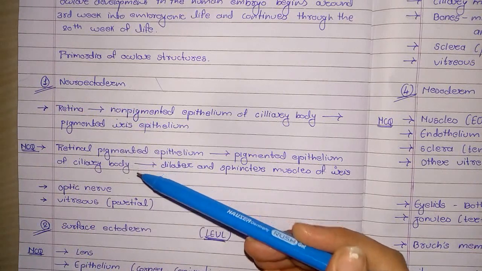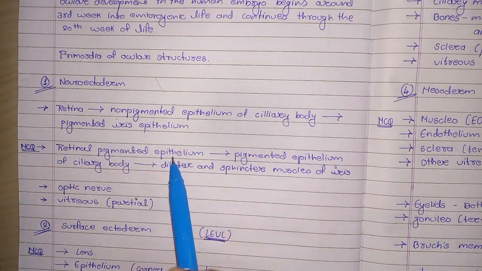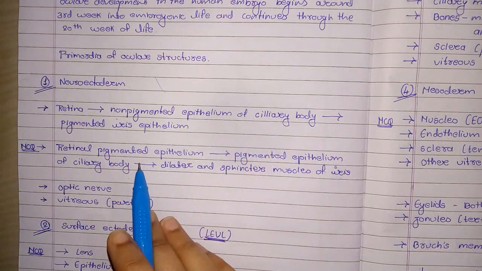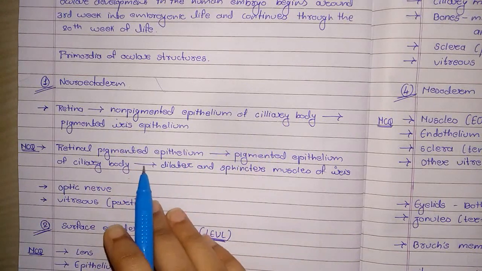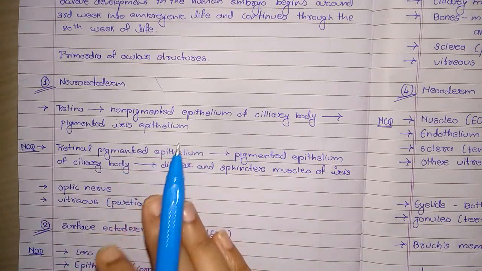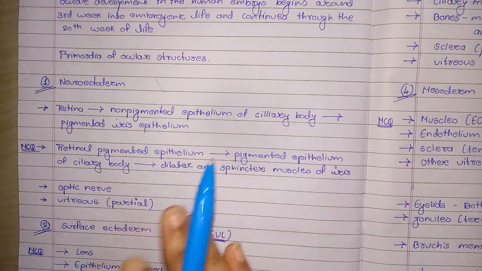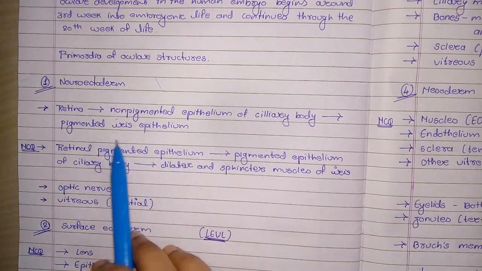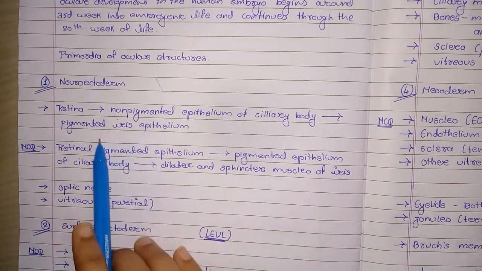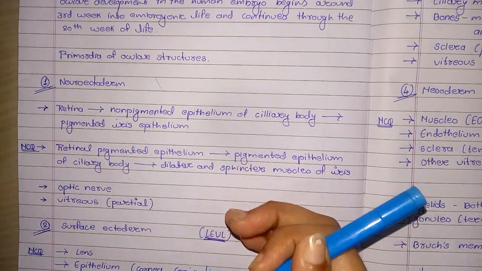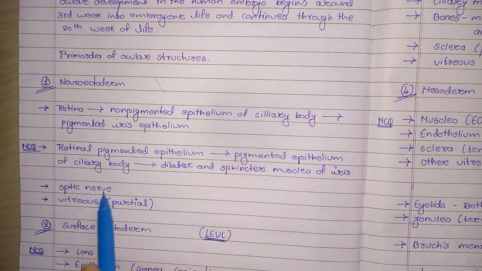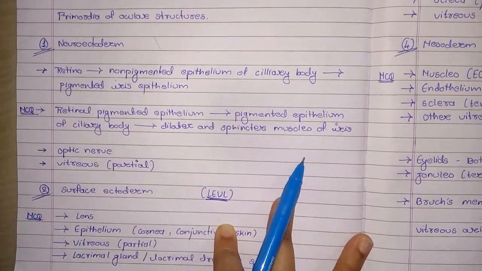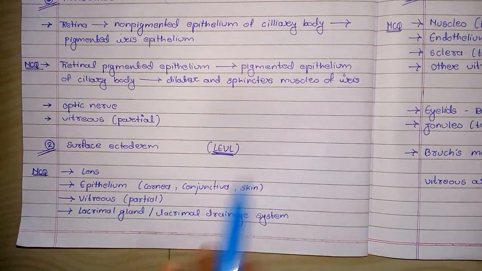Anteriorly the retina continues with those structures developed from neuroectoderm, such as the ciliary epithelium and the pigmented layer of the iris, and posteriorly the retina continues with the optic nerve. In that manner you can easily remember. Second is the surface ectoderm.